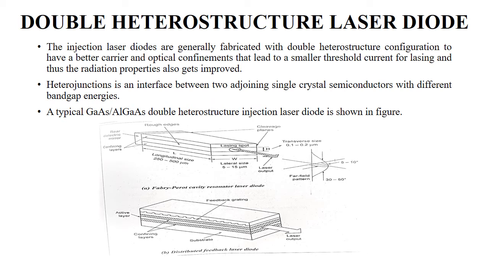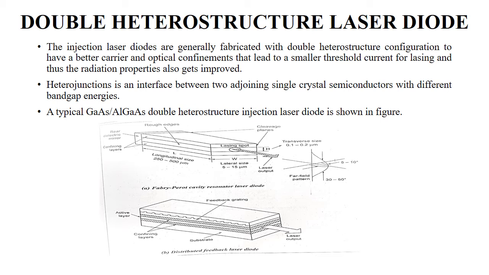Next is the double heterostructure laser diode. Injection laser diodes are generally fabricated with a double heterostructure configuration to have better carrier and optical confinement, which leads to a smaller threshold current for lasing, and radiation properties also improve. A heterojunction is an interface between two adjoining single crystal semiconductors with different band gap energies.